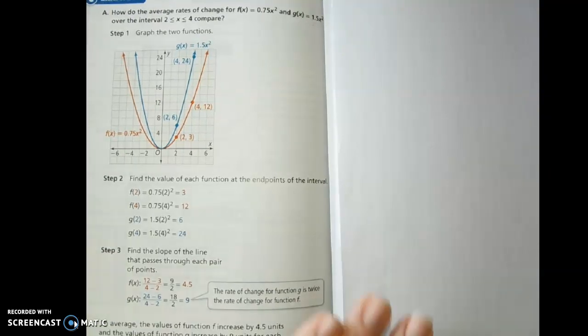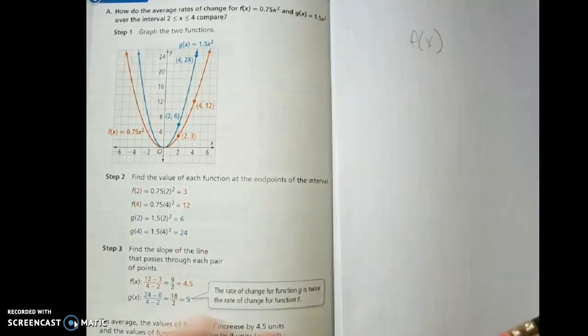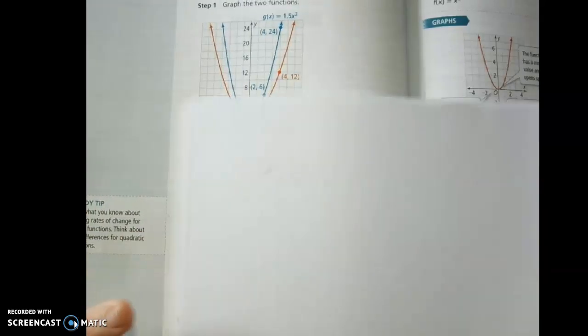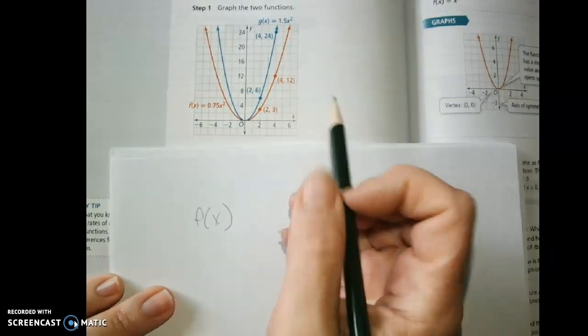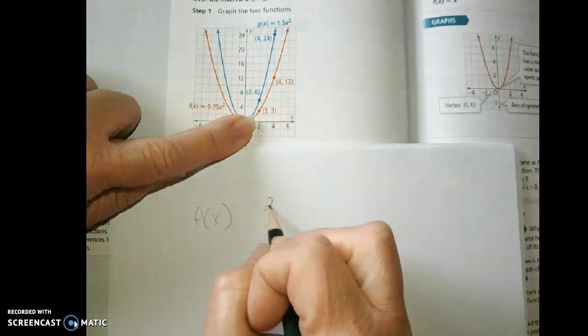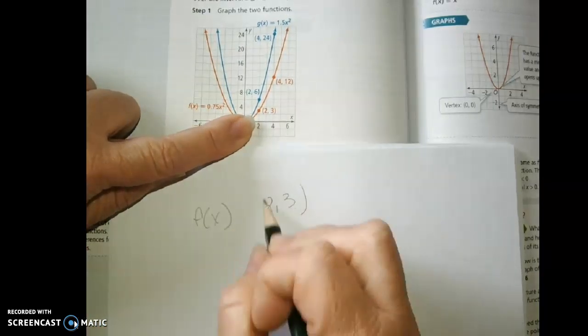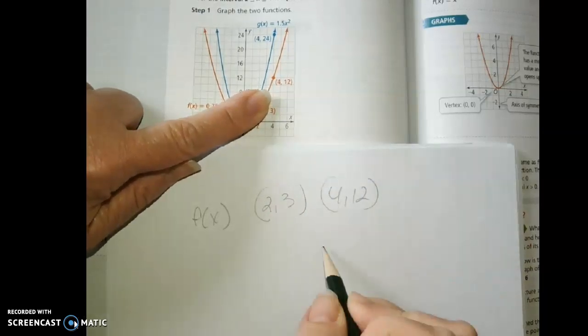So when I look at f of x, the first one, I'm trying to get it all on the same page, maybe if I do this. When I look at f of x, that is the red one. I have the points (2, 3) and (4, 12). So I'm just going to find the slope.